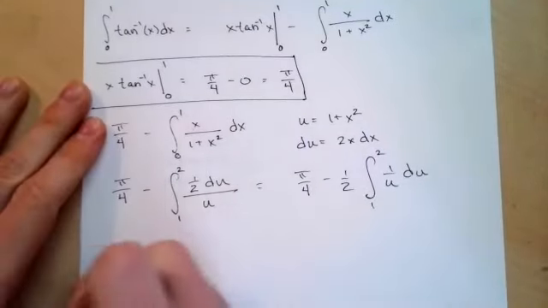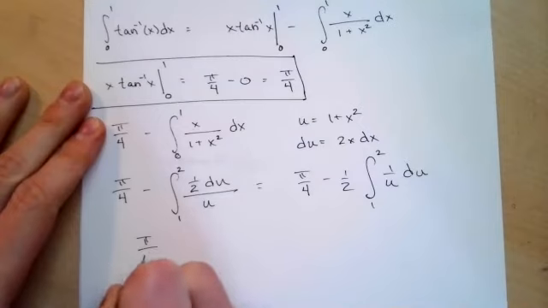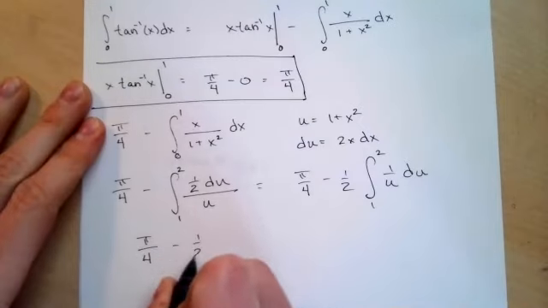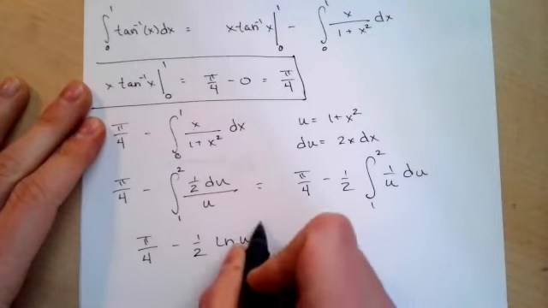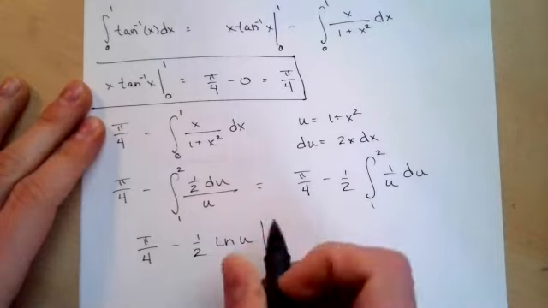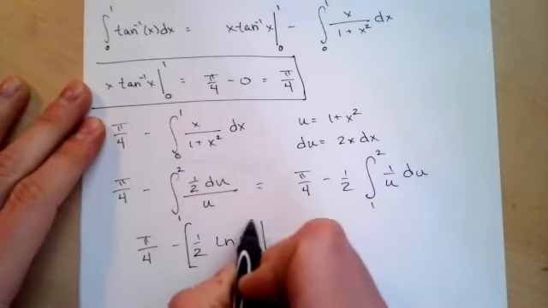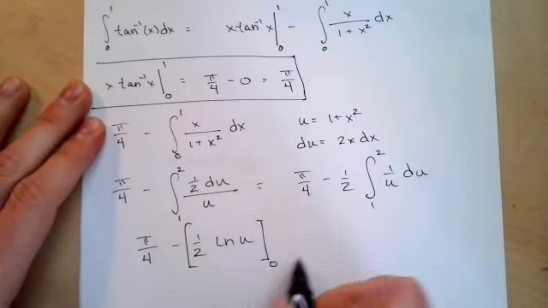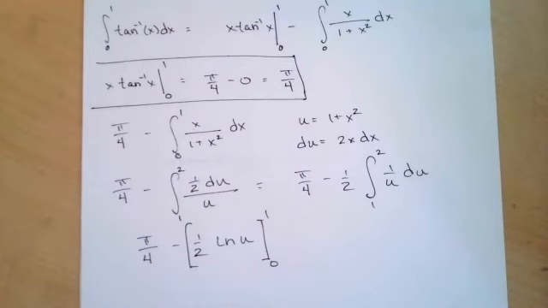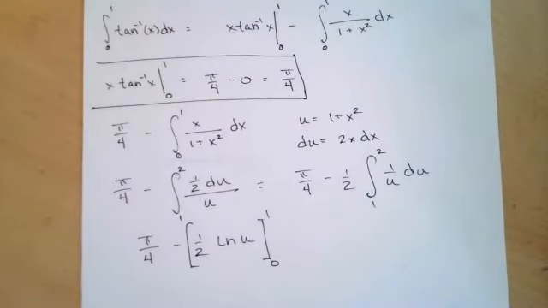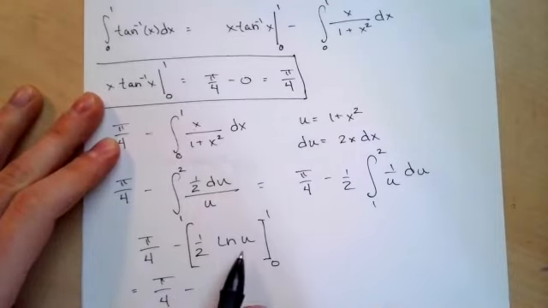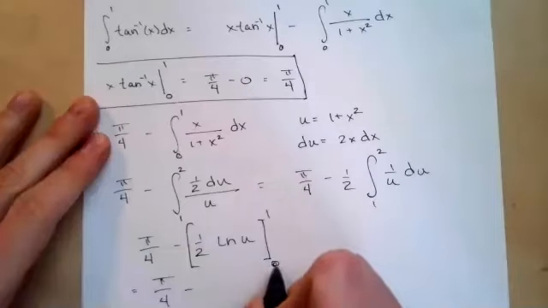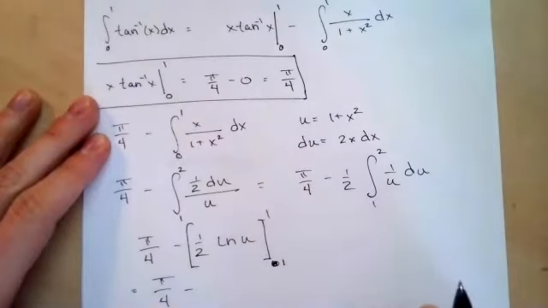And now we just want to evaluate that guy. So we will have pi over 4 minus 1/2 natural log of u. And then let's put that in a bracket, because we only want to evaluate that u now. And so what do we got? Pi over 4 minus... natural log of 1. Oh, I didn't write the right one. Just off the bottom of the page, that line, the last one.